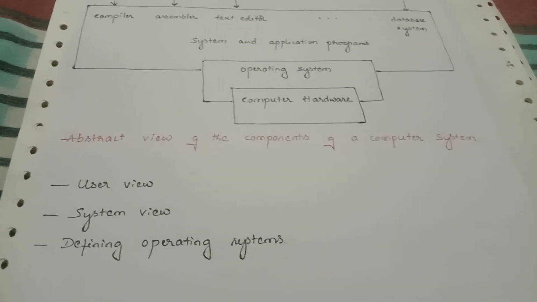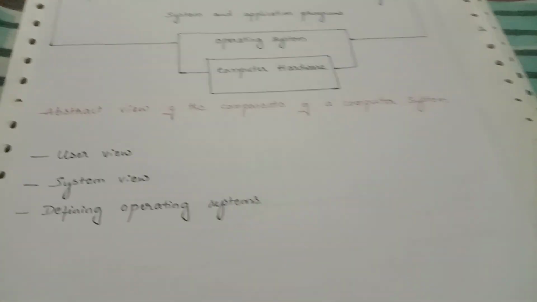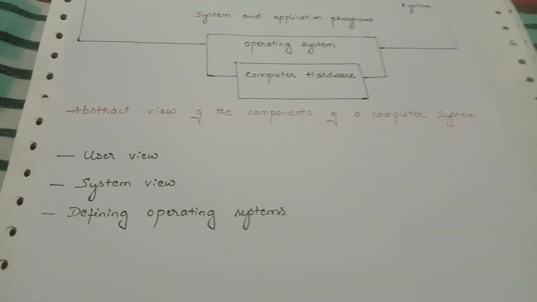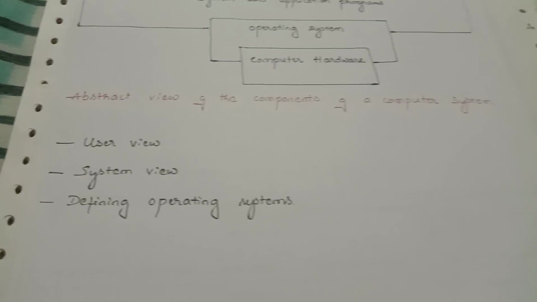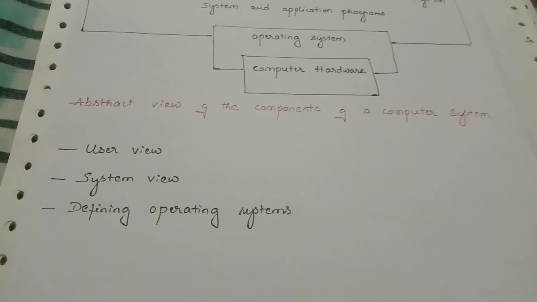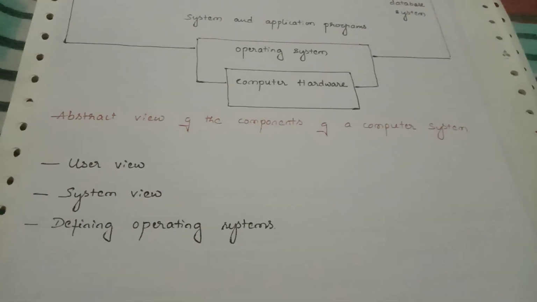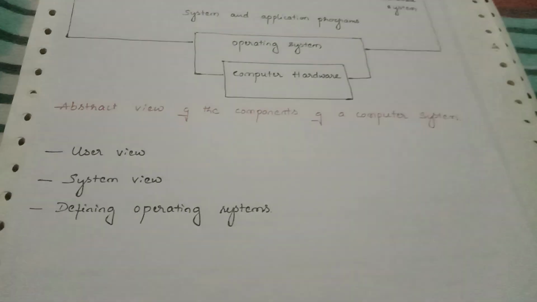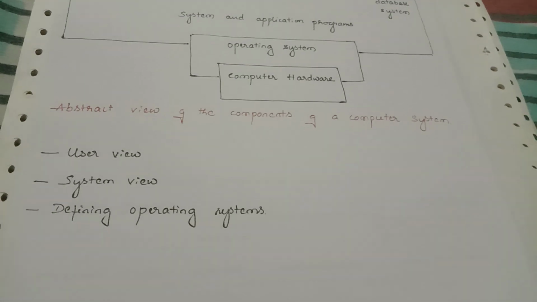Whatever the computer and its hardware, application software, or system software, the operating system is the one that is running all the time in the computer system.